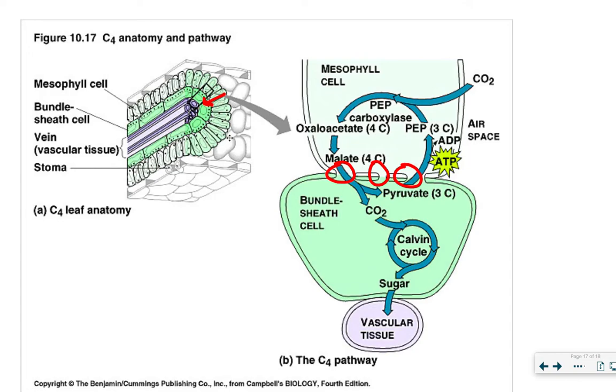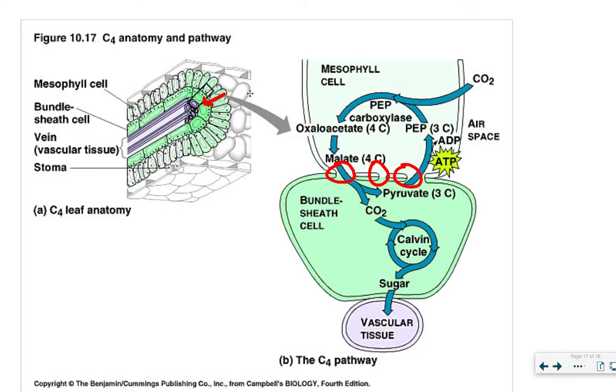So let's take a look at what that new process is. Here's an example of a mesophyll cell. Something important to note is that there is an additional enzyme that is very unique to C4 plants called PEP carboxylase. PEP carboxylase is unique because it can only bind carbon dioxide. So think about this.